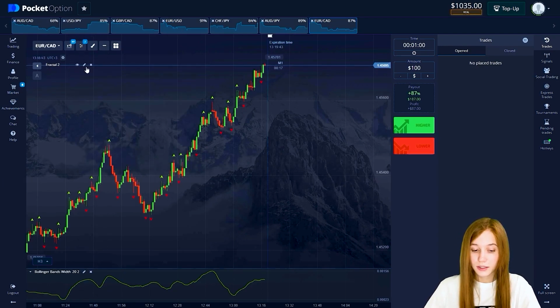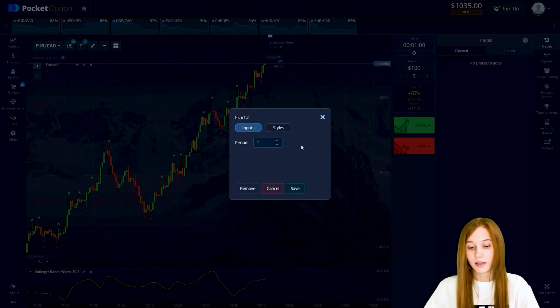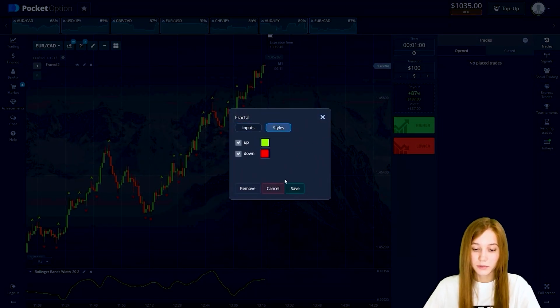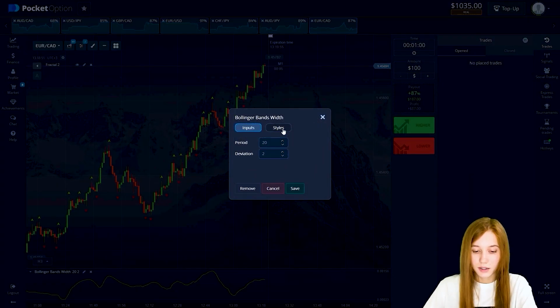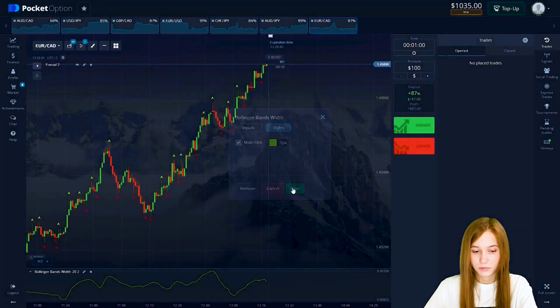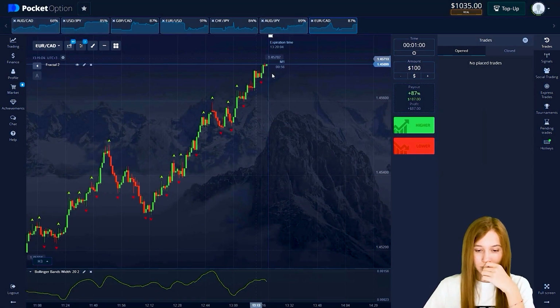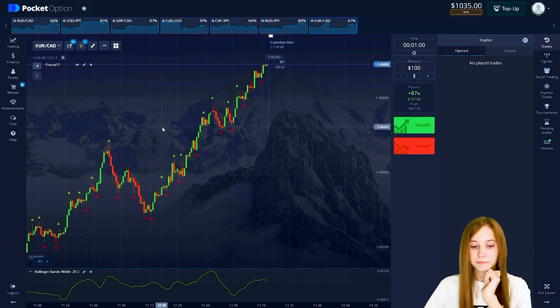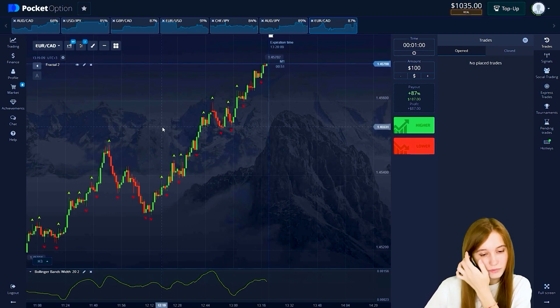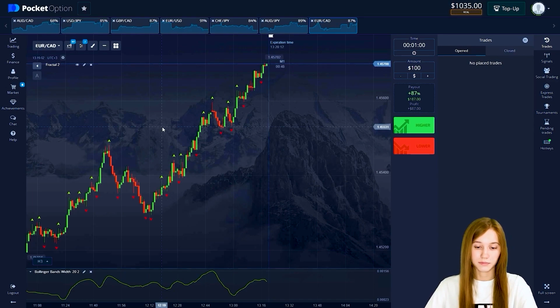We used technical analysis for general analysis and 2 indicators: fractal, and the second Bollinger Bands. So we used concept paths, and I think that's it for today.